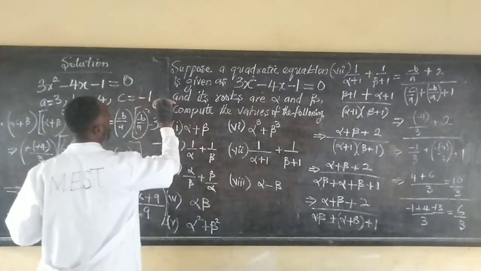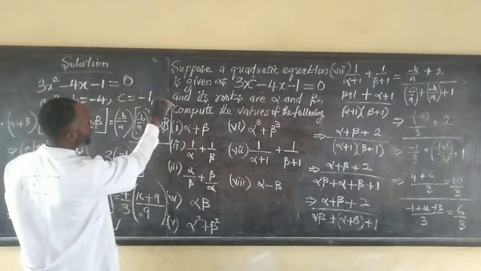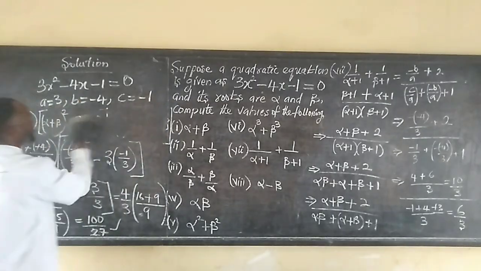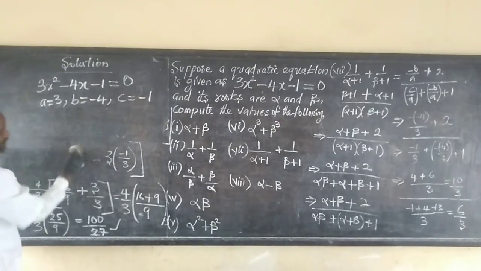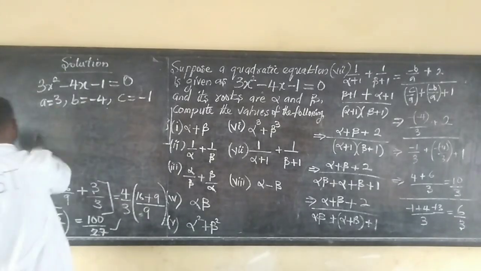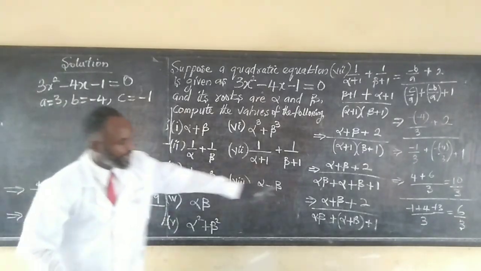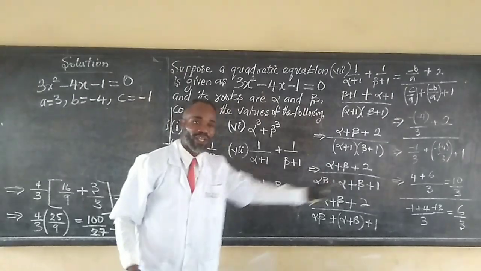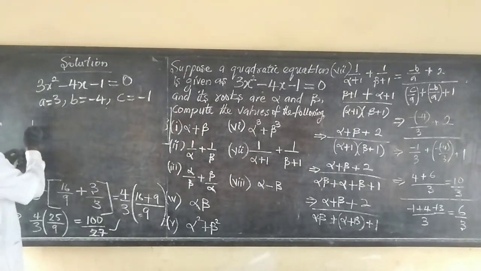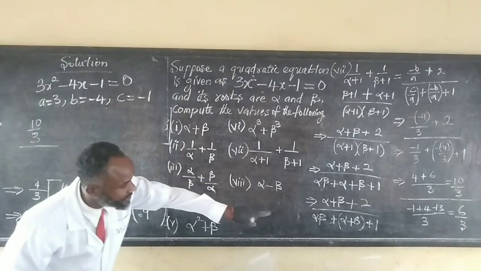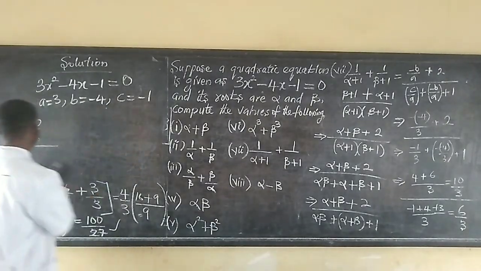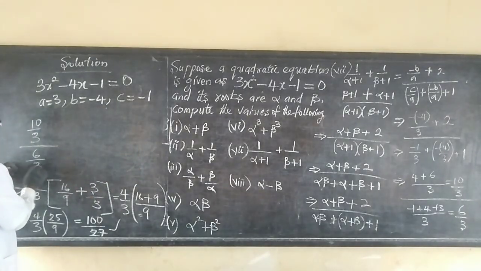This point will give us the final answer, and that's all. Okay, let's look at this. Let's look at what happens at this point and see what we have. Then we call it a day. Look at that. So we now have 10 all over 3. Then we have 6 all over 3.